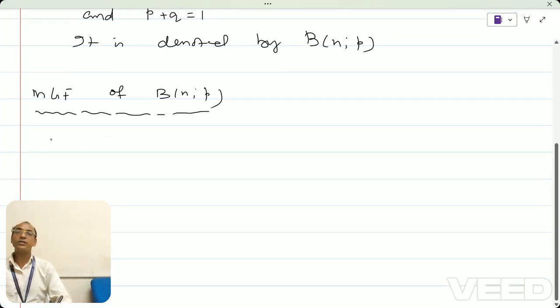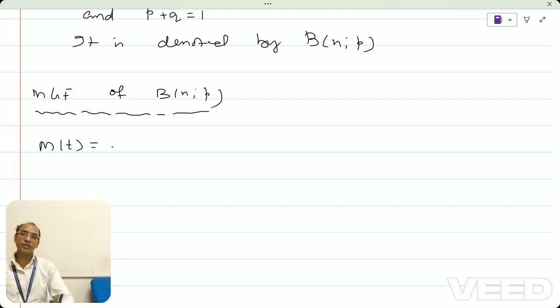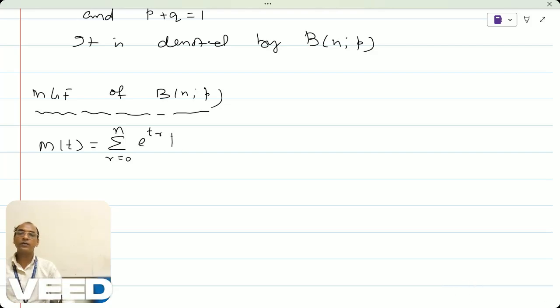Now we know that this binomial distribution is related to a discrete random variable, and under a discrete random variable, the formula of the moment generating function is M of t equals summation r equal to 0 to n e to the power tr into nCr p to the power r q to the power n minus r.